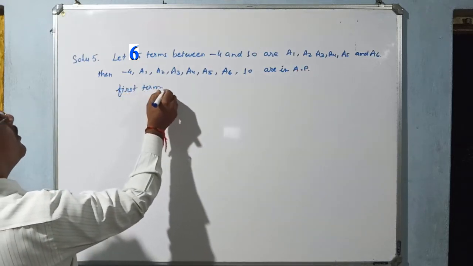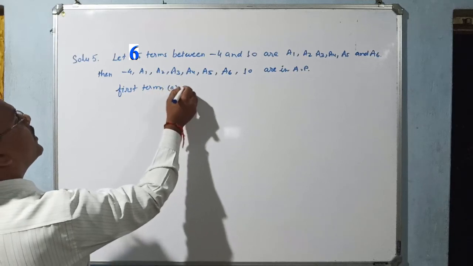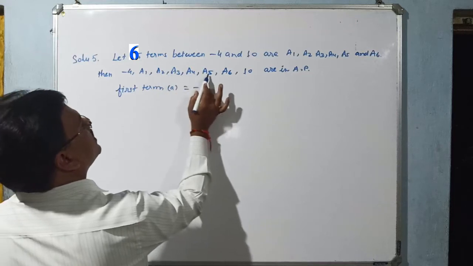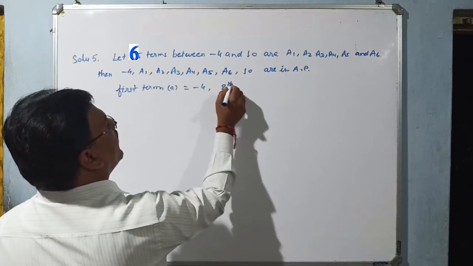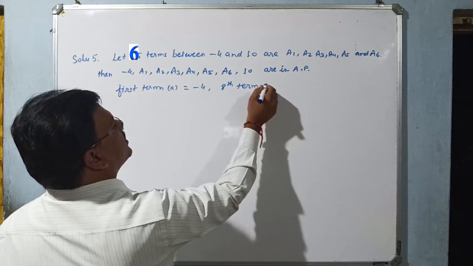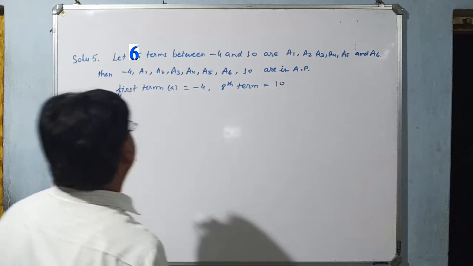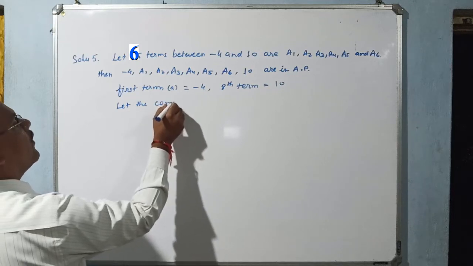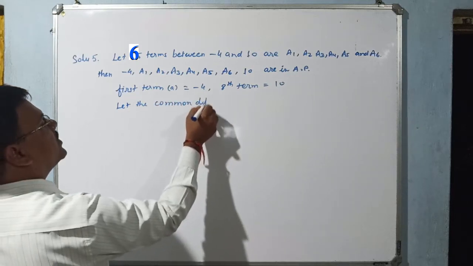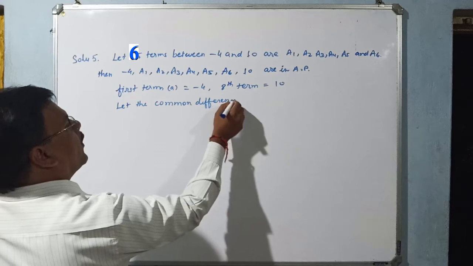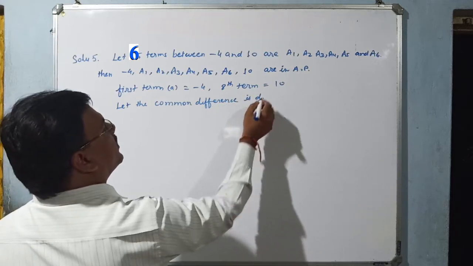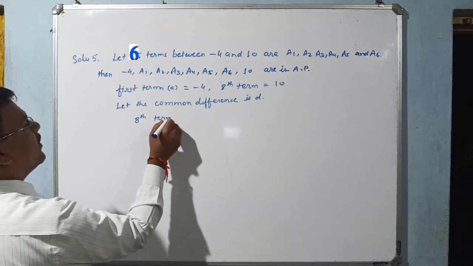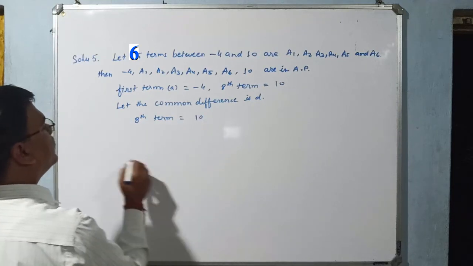The first term a is minus 4, and there are 8 terms in total. The eighth term is 10. Let the common difference be d.